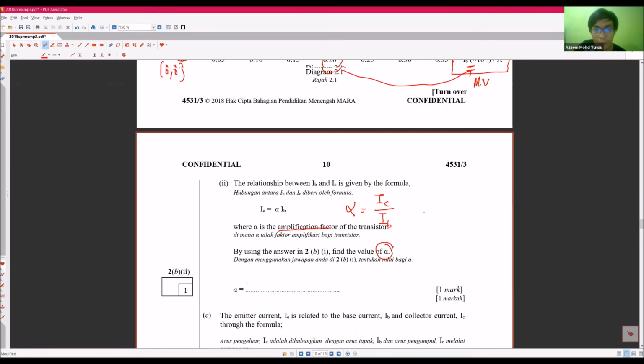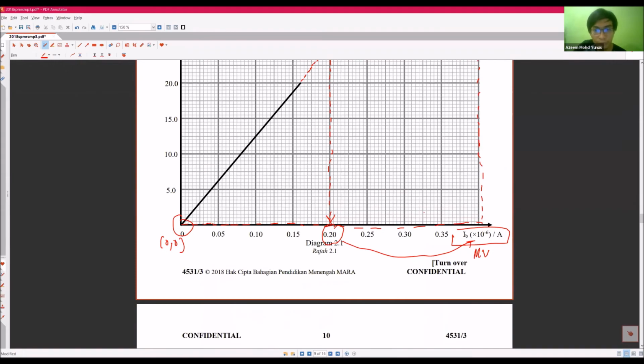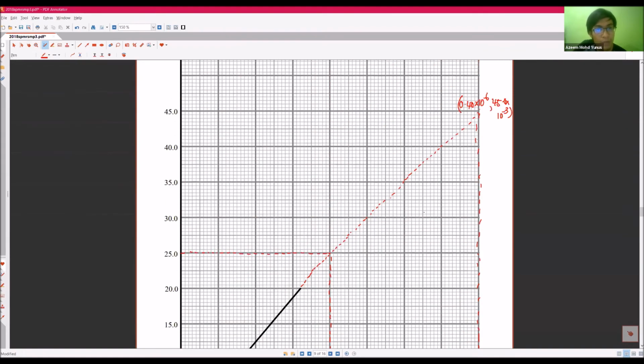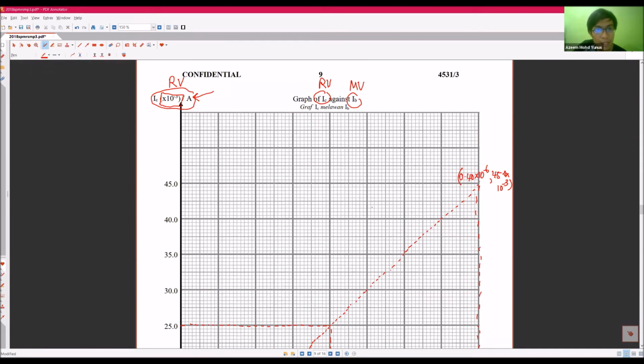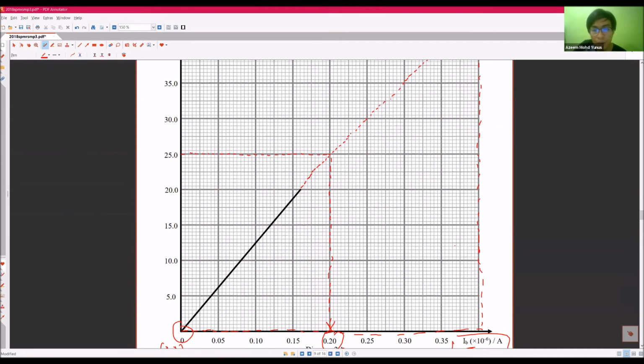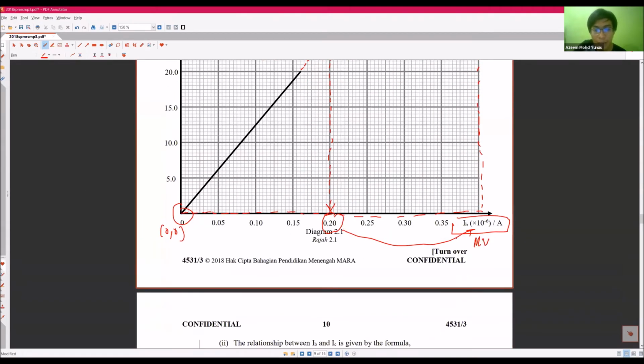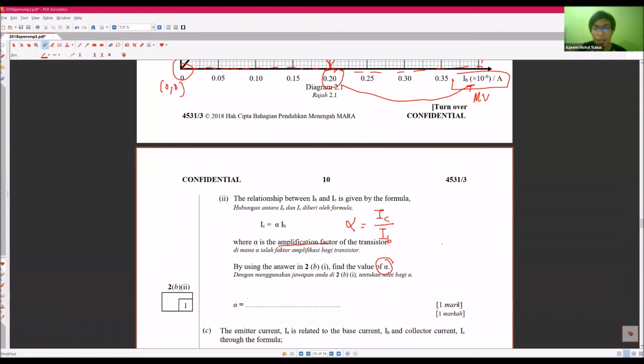So let's check our gradient. Our gradient is actually IC over IB. So basically alpha is indeed the gradient itself.